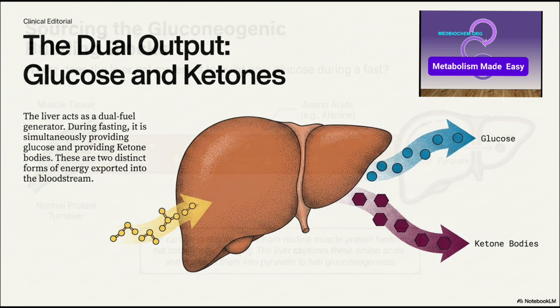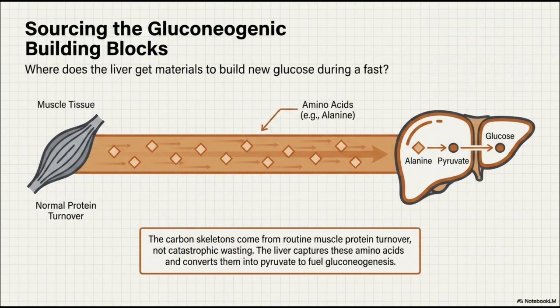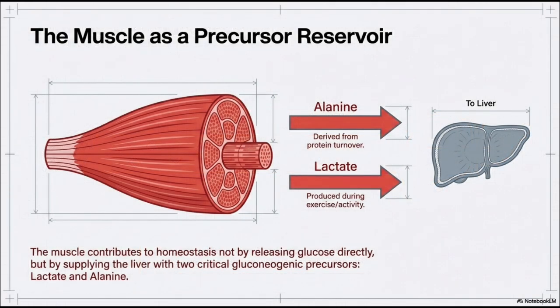In terms of gluconeogenesis, where are the building blocks or the precursor molecules for glucose coming from? They're going to come from muscle amino acids. So in the liver, there will be increased uptake of amino acids. Again, muscle protein turnover. It doesn't mean that you're wasting away. It just means normal muscle protein turnover. Breakdown of muscle proteins gives you amino acids.